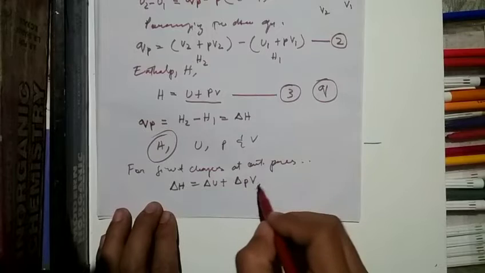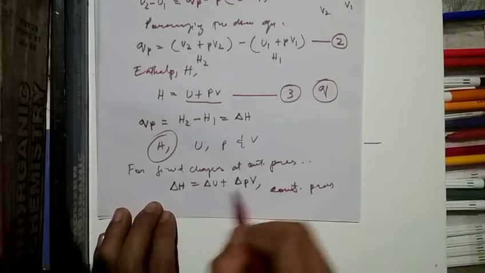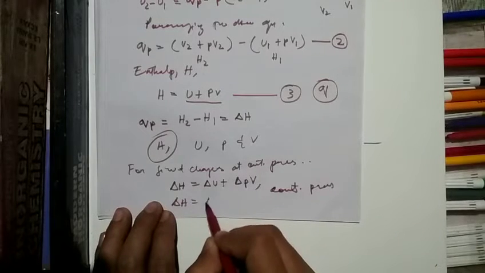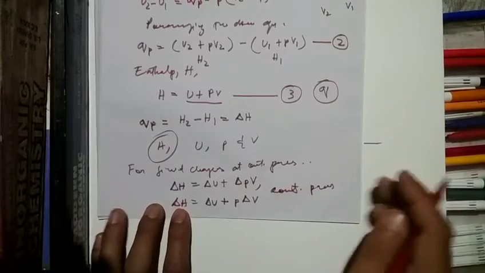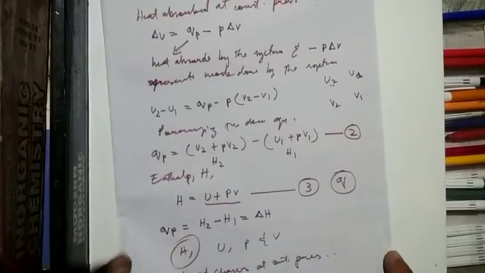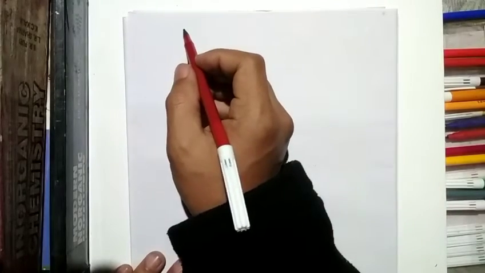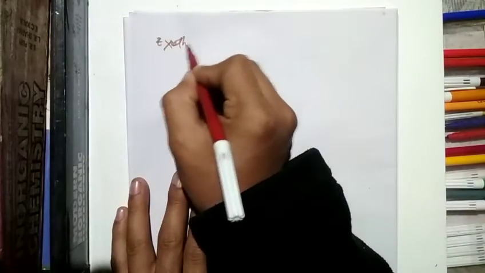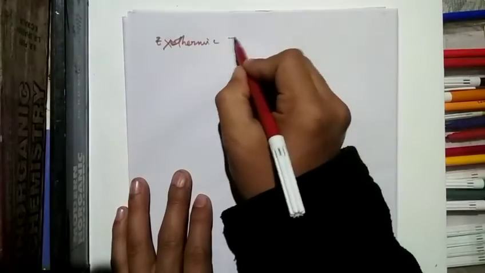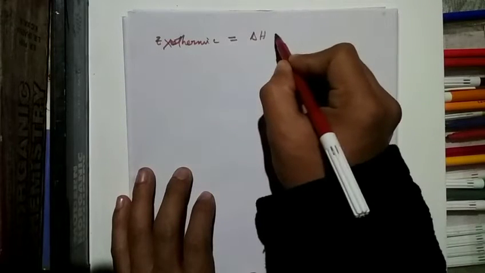Now in this case it takes place at constant pressure, so we can write this equation as delta H is equal to delta U plus P delta V. Now suppose the reaction is exothermic, that means heat is released, so delta H will be negative.